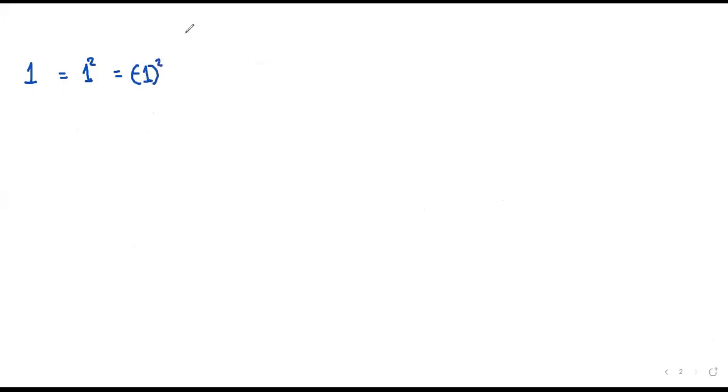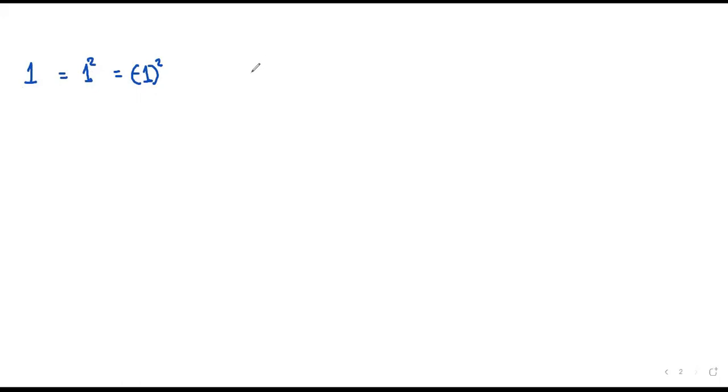You see that? 1 is the same as -1 squared, and even 1 is the same as 1 squared. So this means that 1 times 1 is equal to 1. -1 times -1 is equal to 1.